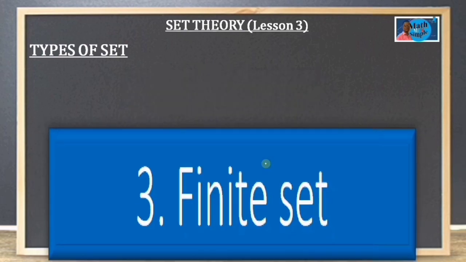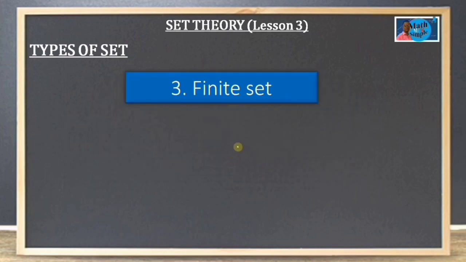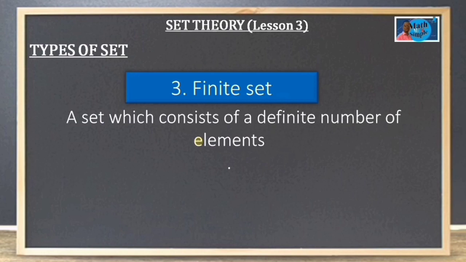Then the next one is a finite set. A finite set is a set which consists of a definite number of members. So if you have set B, for example, equals 1, 2, 3. All right, these are 3 members. You can count the number of members of this set. So that is a finite set.